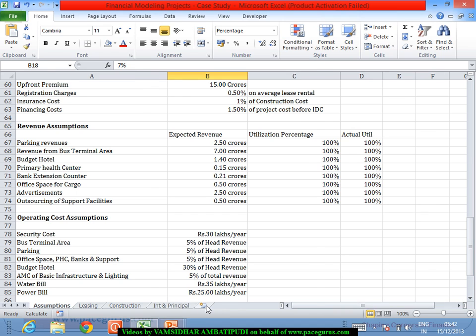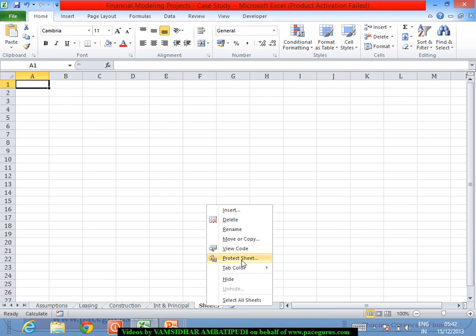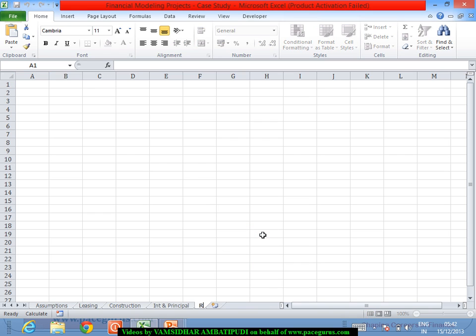So what I'll do is I'll create another sheet targeting revenues and expenses. Otherwise you can very well handle these two things separately in two different sheets, especially if there is a lot of complication going in.